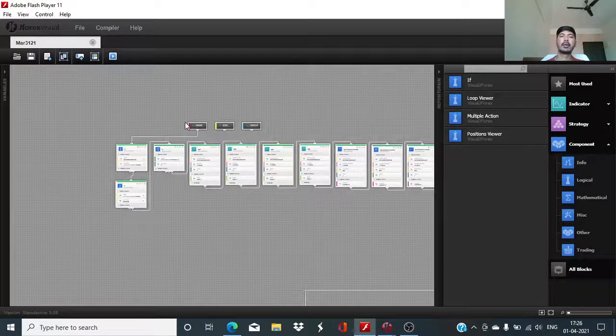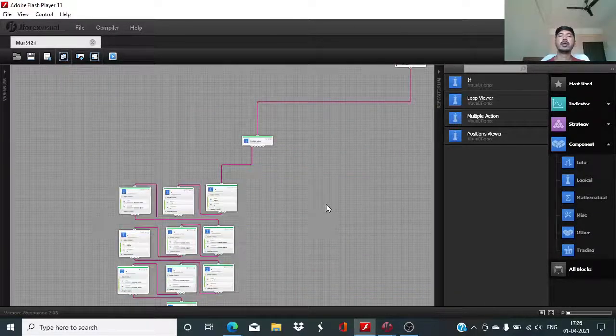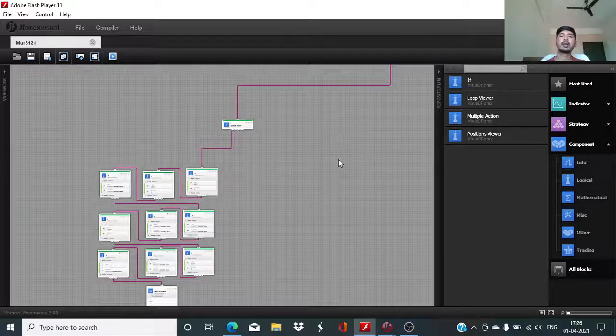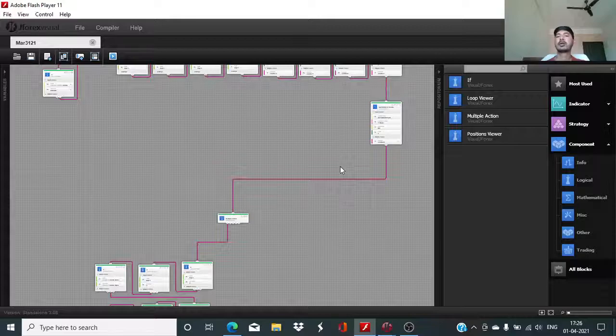And also we will color code this just to make sure the trade flow is passing through as it should be.